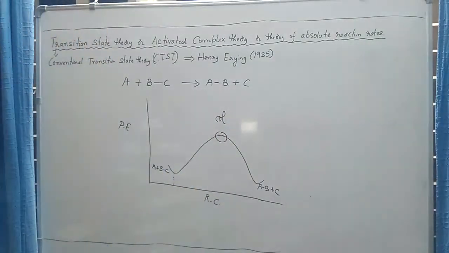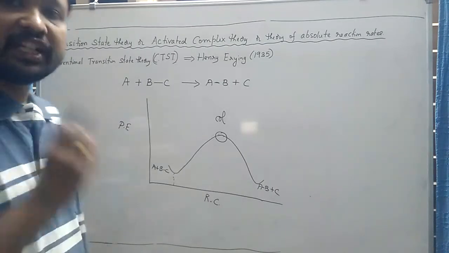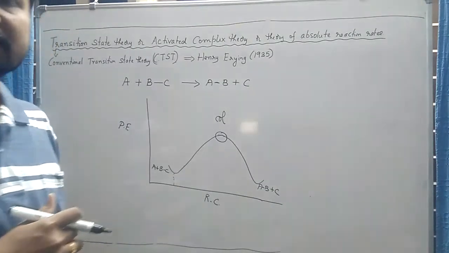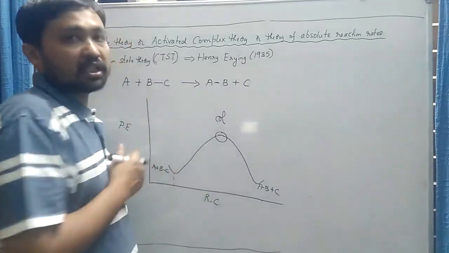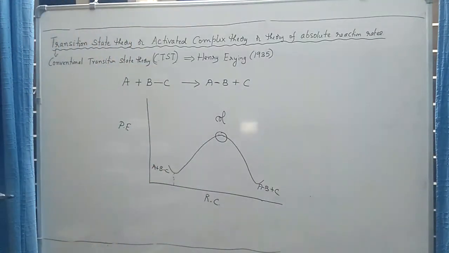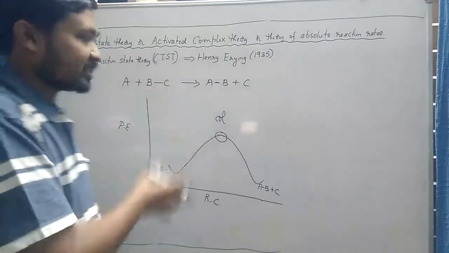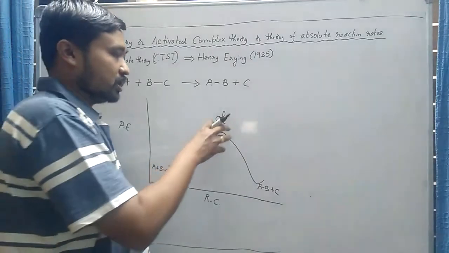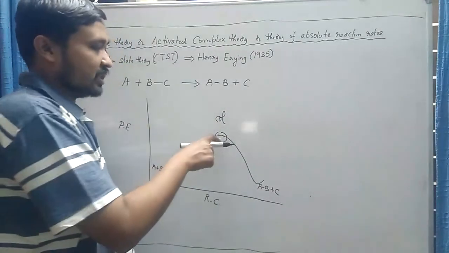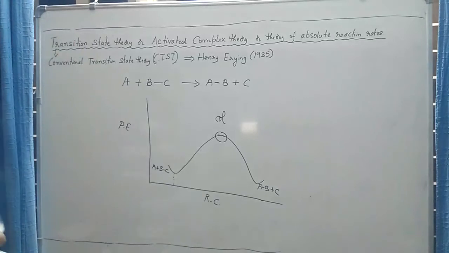In the earlier theory, that is collision theory or the Arrhenius theory, they did not emphasize or discuss the nature of the species that exist at this particular point. What transition state theory did is, they emphasized and tried to understand the nature of the species that exist at this particular region.